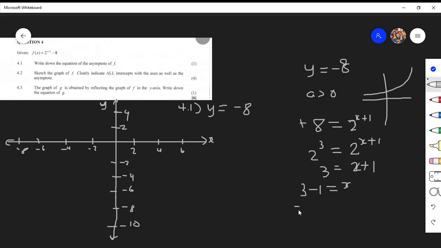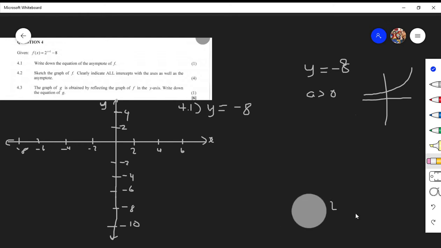And then we know our x value is equal to 2. So we can have our x-intercept as 2 and 0. Okay.